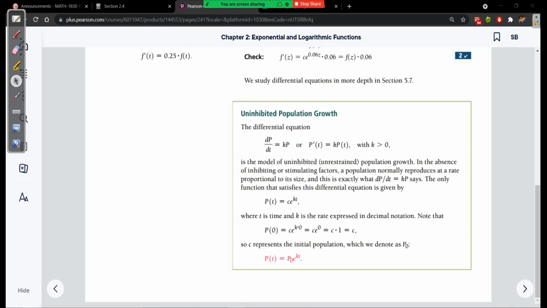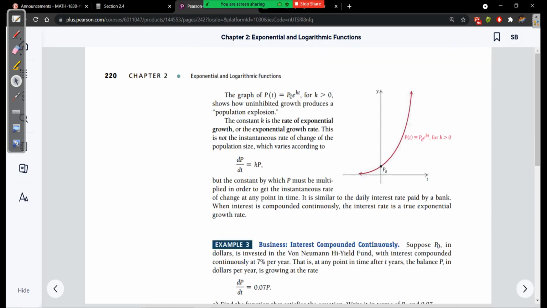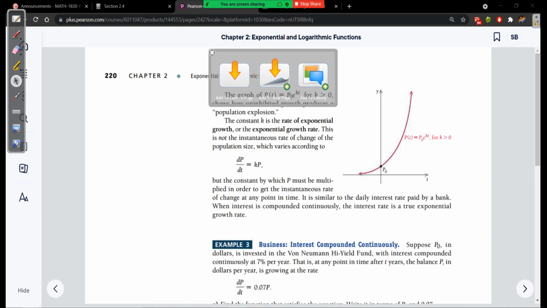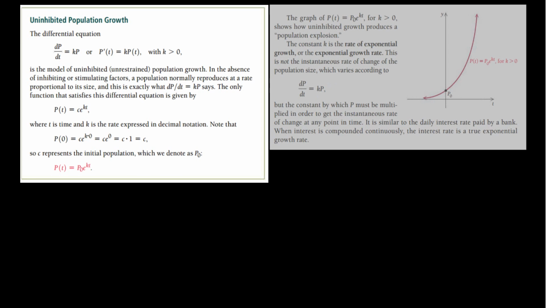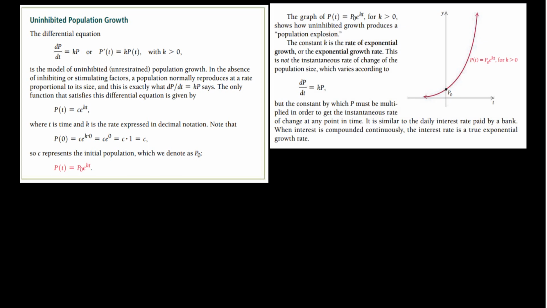I might have to, okay, we'll snip this. I can't remember if I should snip the equation or not. So we'll put this right next to our uninhibited population growth here. Ready?